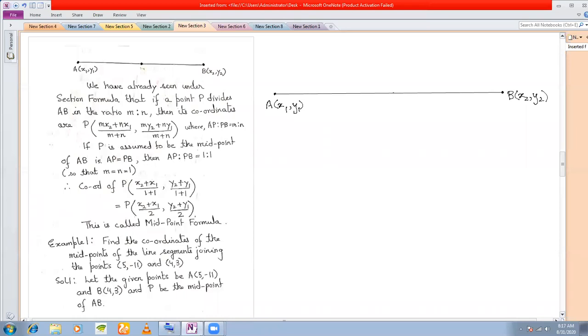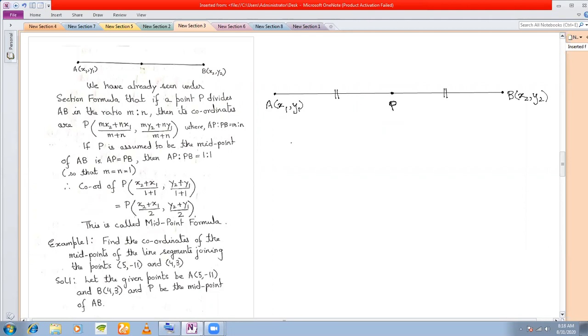Now, suppose I take a point P here that is midway between A and B, such that this AP is equal to this PB. Then the question here is, what should be the coordinates of P?